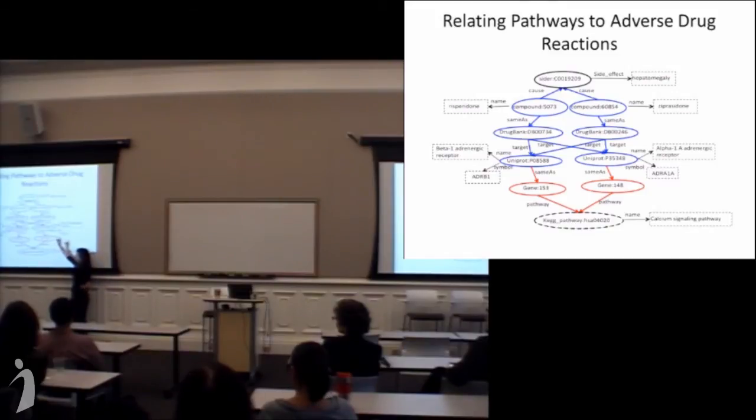In DrugBank, they say the two IDs bind to these two targets, so these two proteins. Then this goes to UniProt, a database. In UniProt, they say this target is the same as these two genes, right? And those two genes participate in a pathway called the calcium signaling pathway.